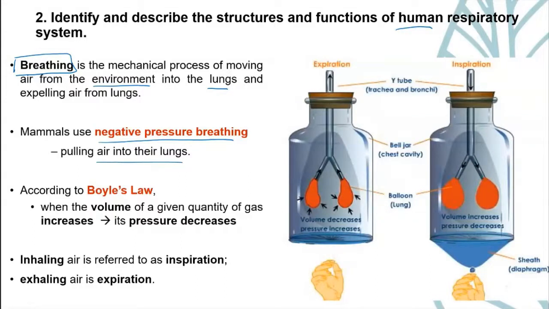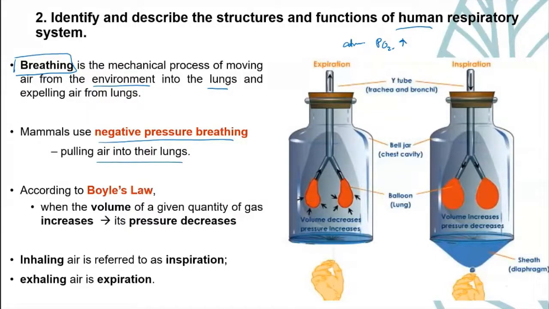It means that in the atmosphere, the pressure, especially the partial pressure of oxygen, is high compared to the partial pressure of oxygen in the lung. So the atmosphere has higher pressure, and this causes the air to enter into the lung.